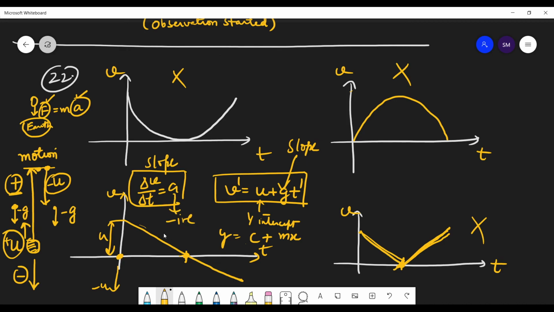Theta is obtuse, so slope is negative. And second thing I told you, that if you drive a bicycle from left to right and you are going down, it means the slope is negative.